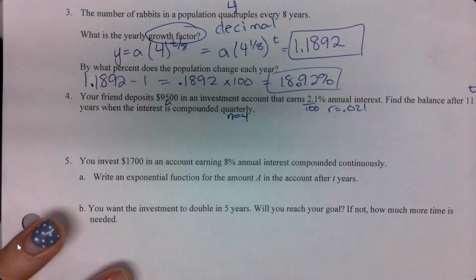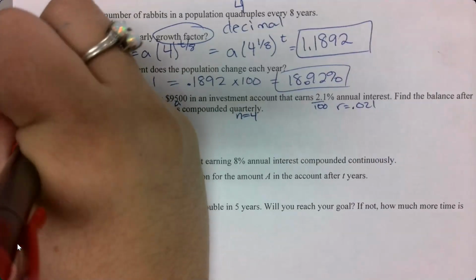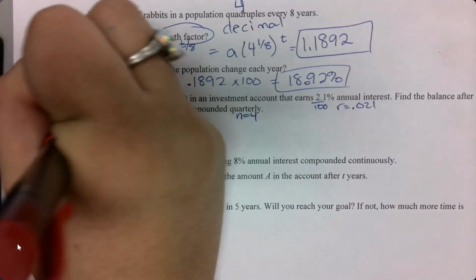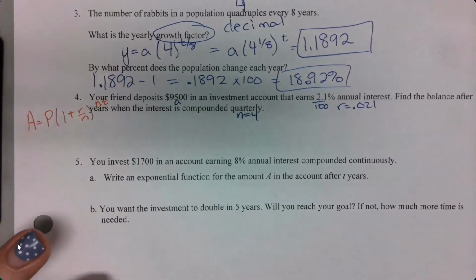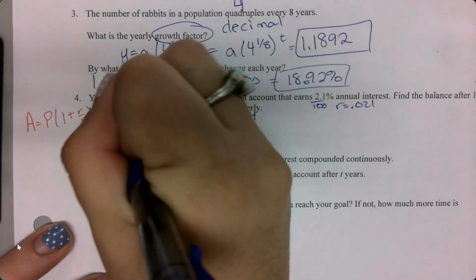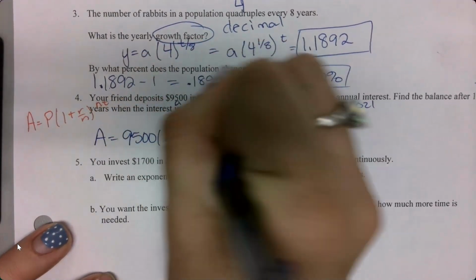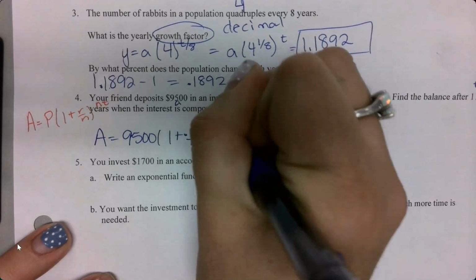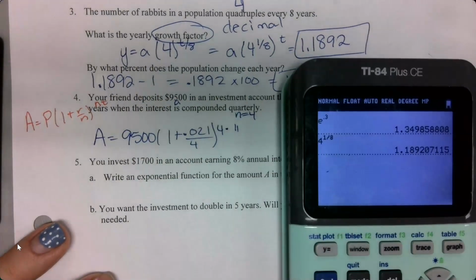So for this one, I want to use the formula A equals P times 1 plus R over N to the NT power. So plugging in, I have 9,500 times 1 plus 0.021 divided by 4, to the 4 times 11. Then I just want to type that into my calculator.